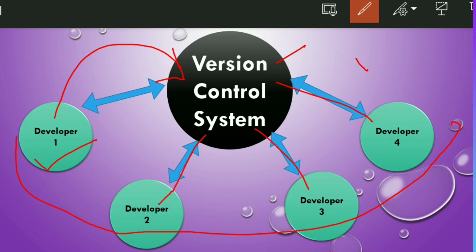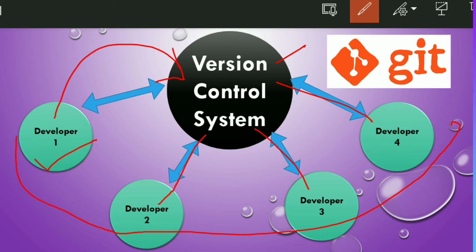Also, this version control system can save the history of modifications made by the developers and provide it to all the developers. And Git is also that type of version control system.